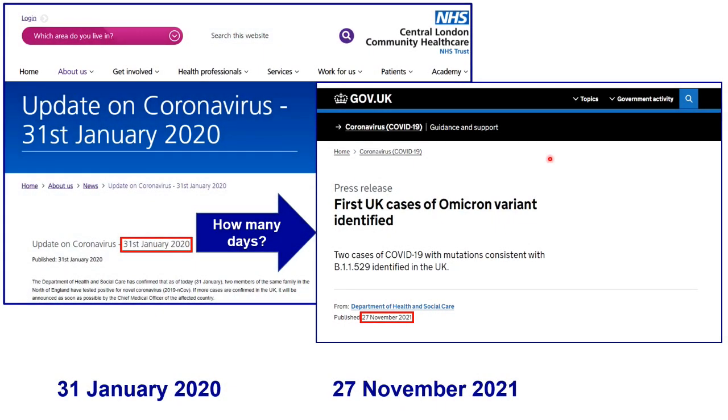Now, this isn't my discovery in any way. I did see it. I can't remember which channel it was, but they were saying there were 666 days between the first announcement of SARS-CoV-2 or the coronavirus back in 2020 to the announcement of 2 cases in the UK of the super mutant Omicron, be scared folks, variant.